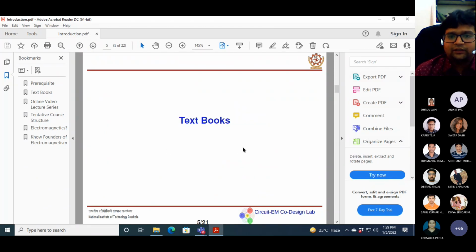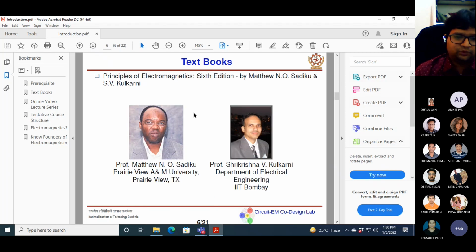So next, which textbook do you need to follow? We will follow a single textbook, not multiple textbooks. This time we are following just this single textbook, that is Principles of Electromagnetics, 6th edition.